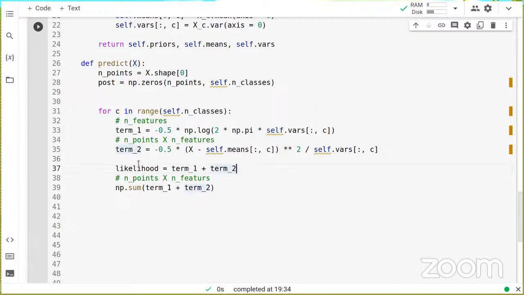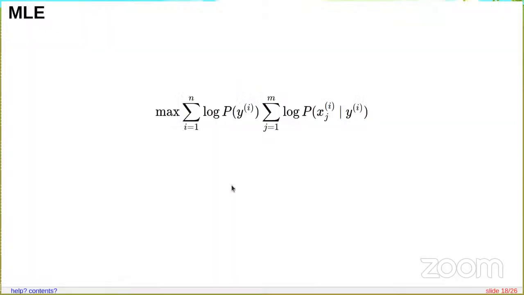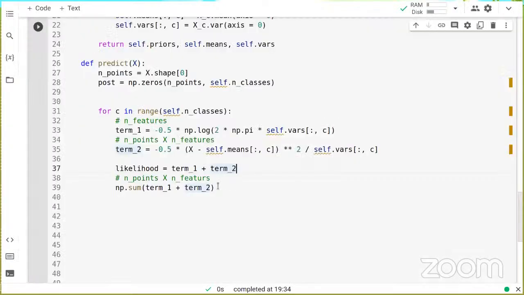But this is the likelihood for each feature. So if I need to get the likelihood for a single point, then I need to sum it across the features. So that is why I do np.sum of term 1 plus term 2.